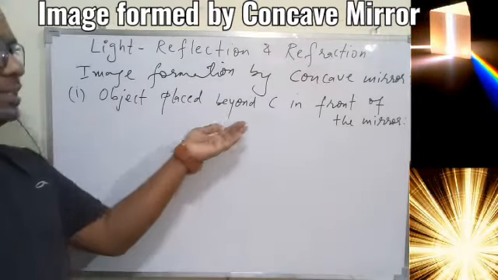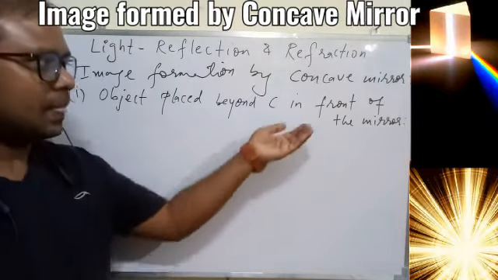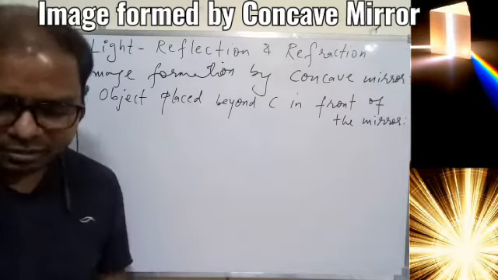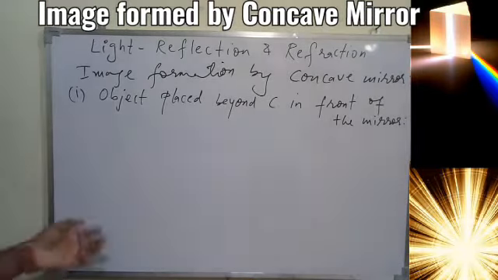C, we know, is the center of curvature. So beyond C an object has been placed, then where will the image be formed, that we are going to study now.